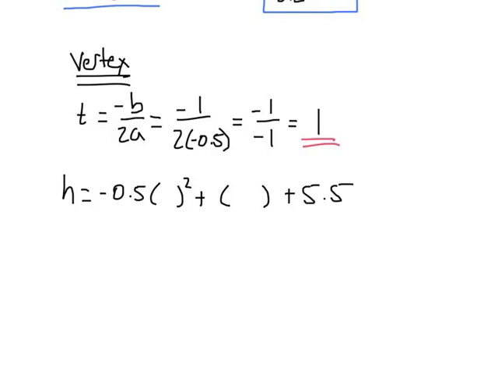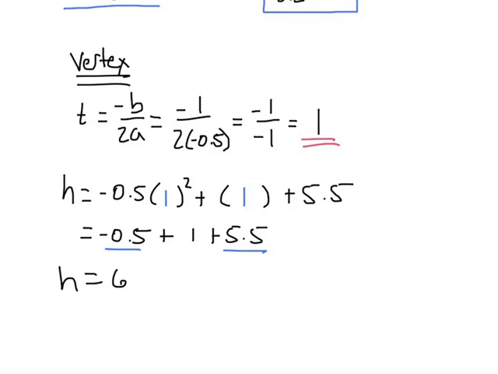We're plugging 1 in for our time. So 1 squared is 1, so I've got negative 0.5 plus 1 plus 5.5. Negative 0.5 plus 5.5 gives us 5, and 5 plus 1 gives us 6. That is our maximum height.